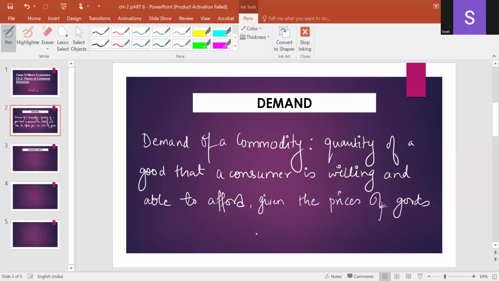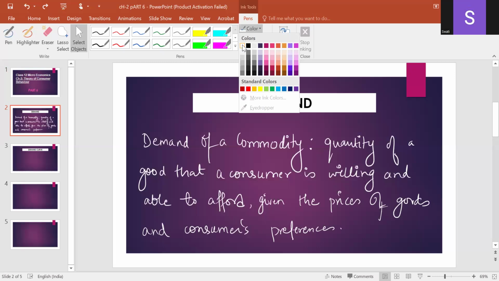And the consumer's preferences towards that good. Consumers' preferences. So that is the demand of a commodity.